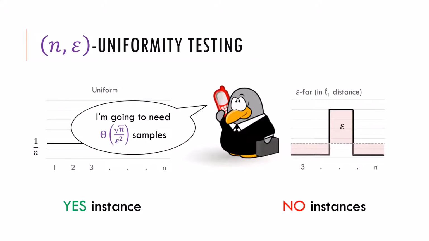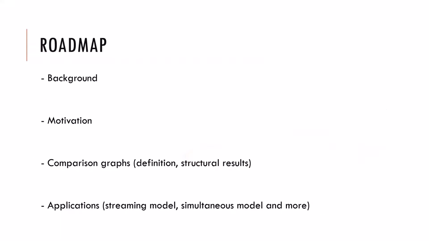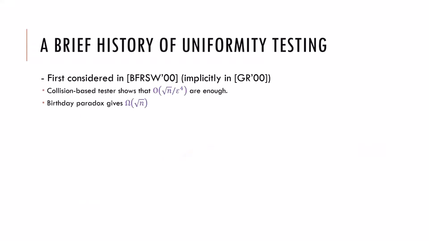And this problem in the standard model was solved a long time ago, so let me give you some broader background about that. Uniformity testing was first introduced in a paper by Fortnow, Rubinfeld, Smith, and White, but it was also implicitly used in Goldreich and Ron in 2000.